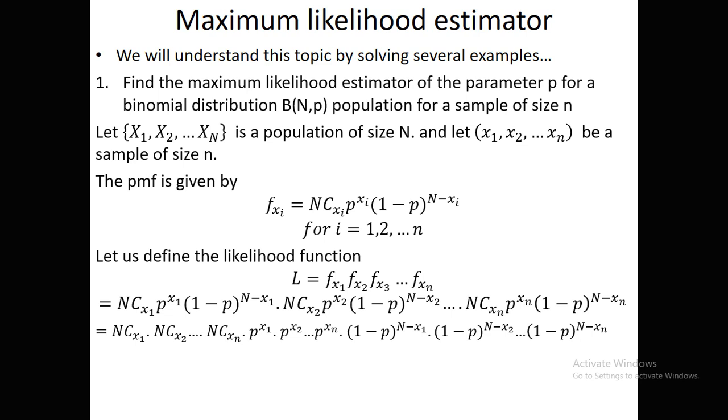Now, for every distribution, whenever you have a probability mass function or probability density function, the product of all those functions, by putting all the points available in your sample, will be equal to capital L, and take log both sides. This will look like this. So log L equals this.